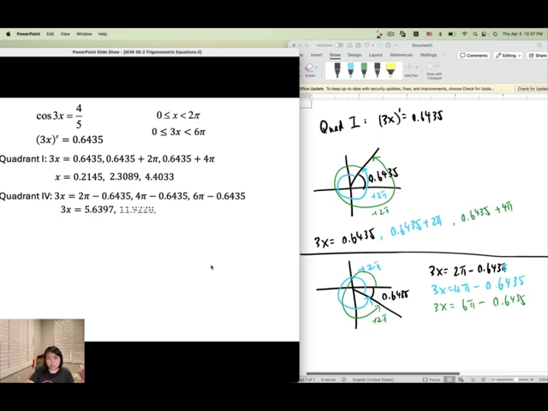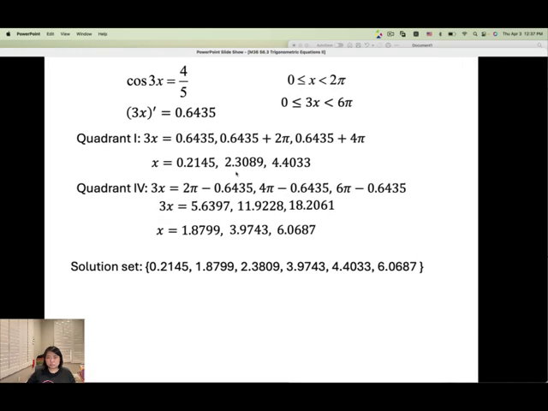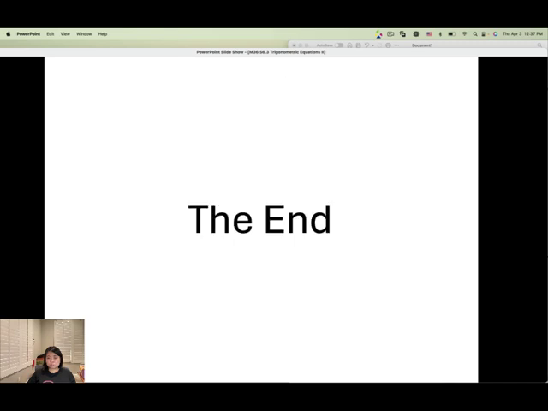You should get this number. I didn't divide by 3 yet, so I'm going to divide by 3 for each of the solutions. So this is going to be my solution set. 1, 2, 3, 4, 5, 6, 6 answers. That's it.